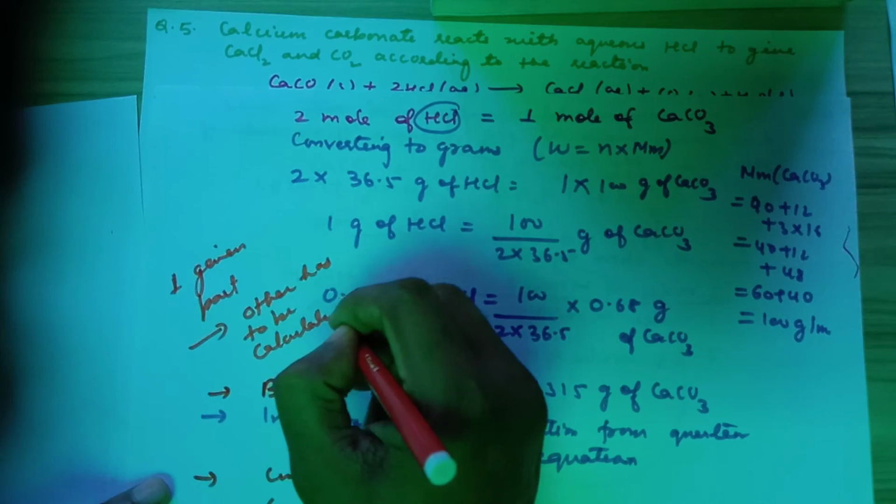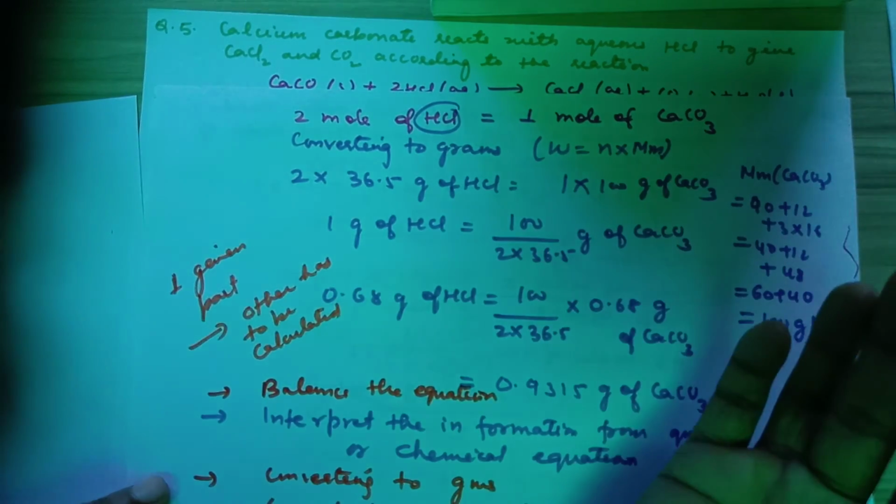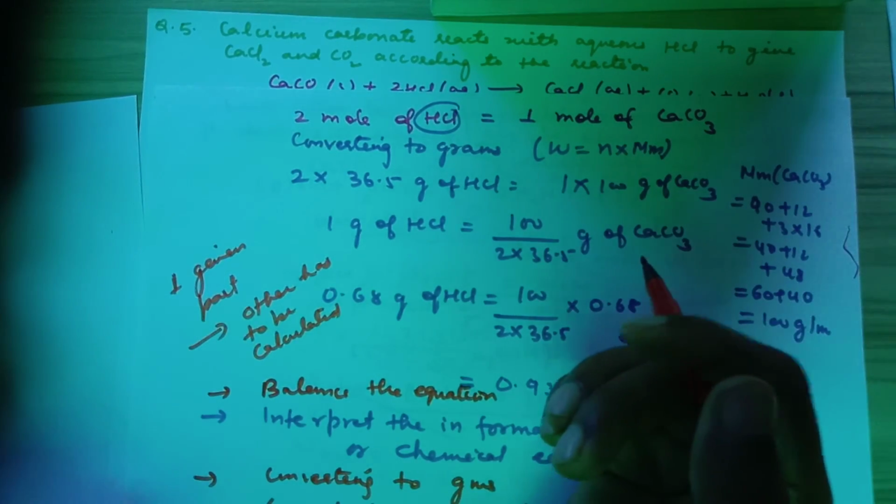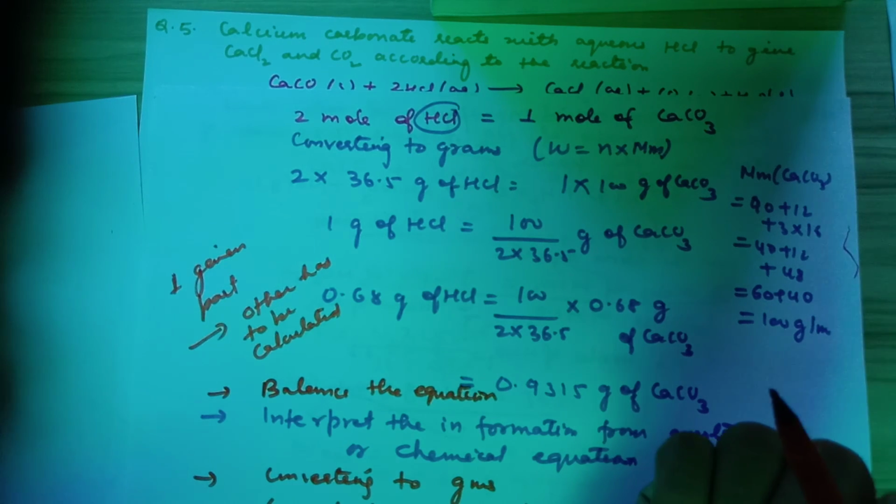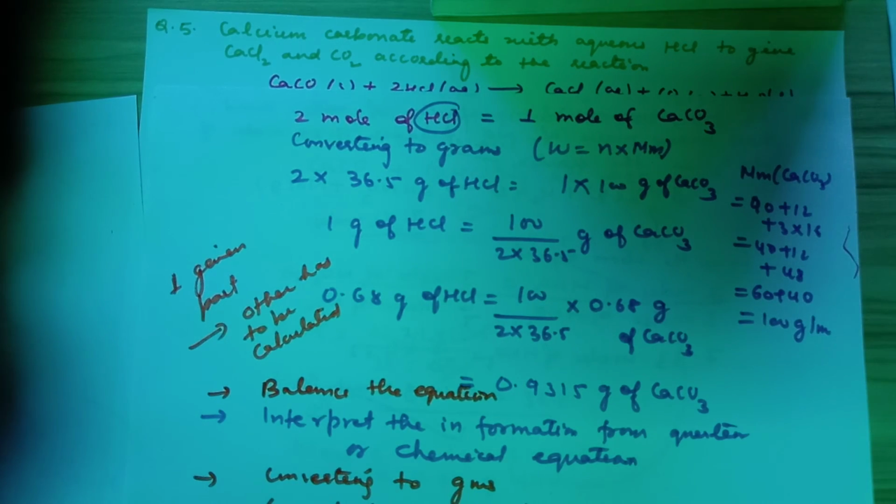Now in the next topic, limiting reagent, the amounts of 2 reactants will be given and we have to find the amount of product related to the reactants. So firstly we have to decide which will be the limiting reagent, and that limiting reagent will decide the amount of product.